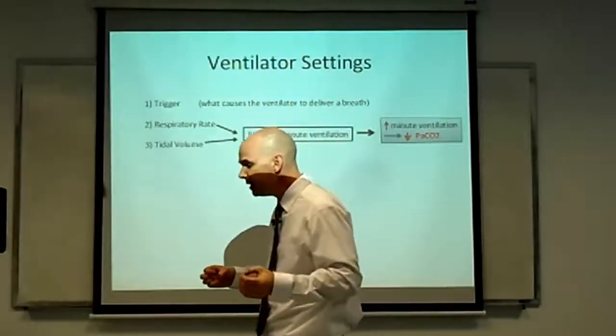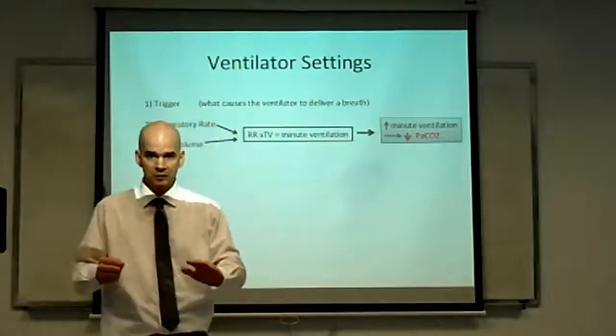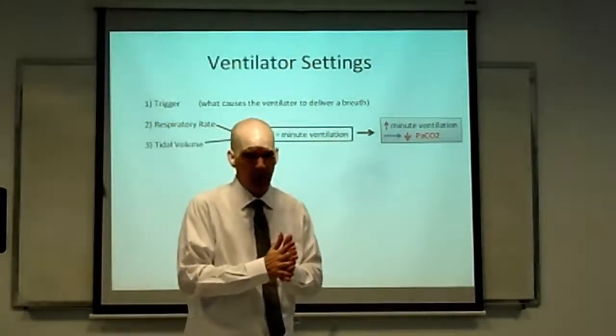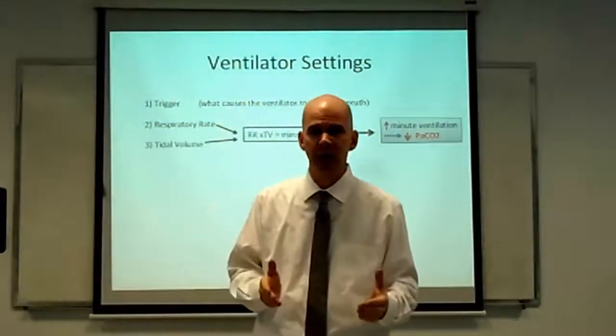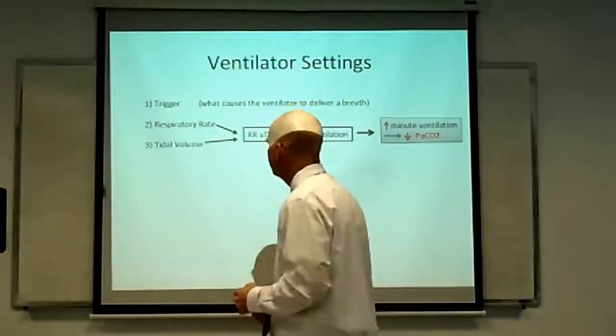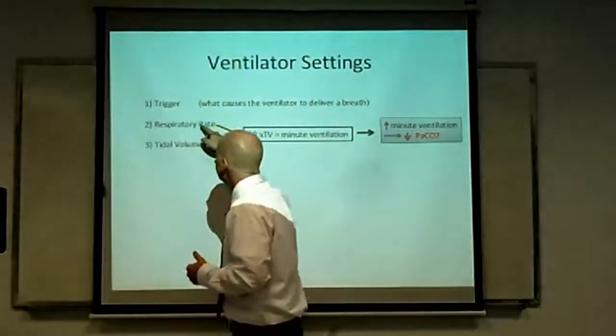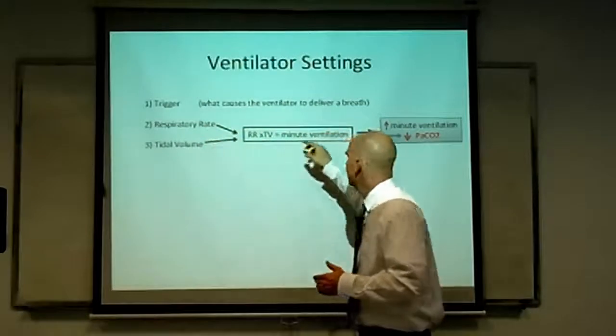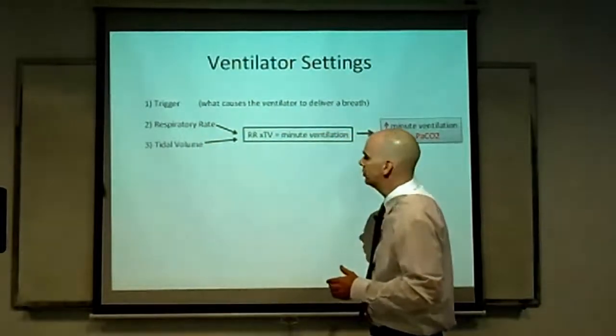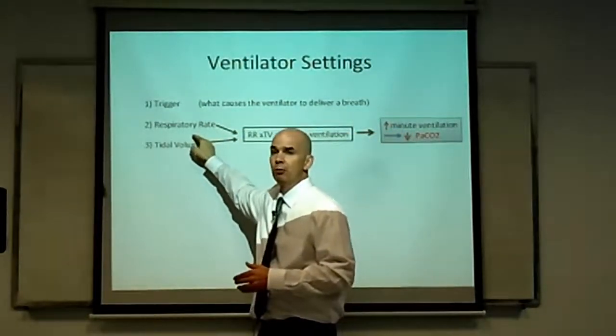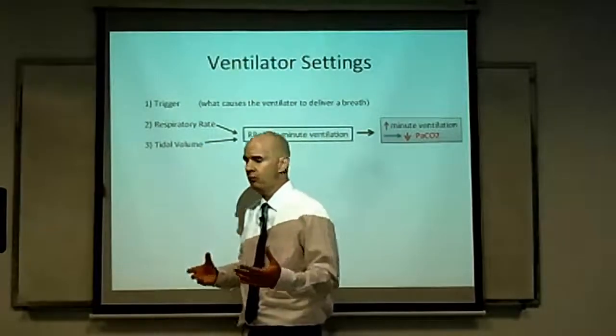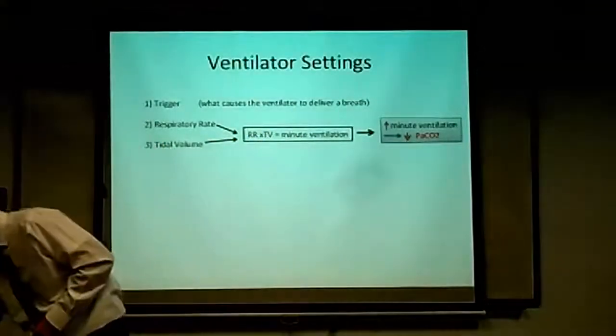And if he has ARDS, then we're down to 6 milliliters per kilogram of ideal body weight, or 420 milliliters tidal volume. So bottom line again, respiratory rate and tidal volume are the main ways to control CO2, and respiratory rate is really what we have the most wiggle room with. Let's look at our next setting.